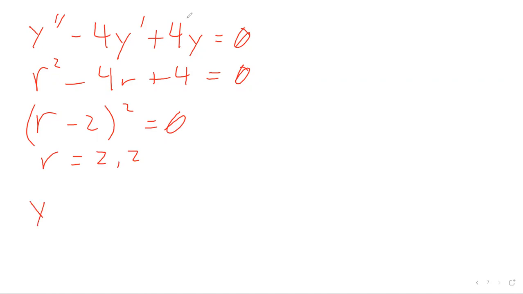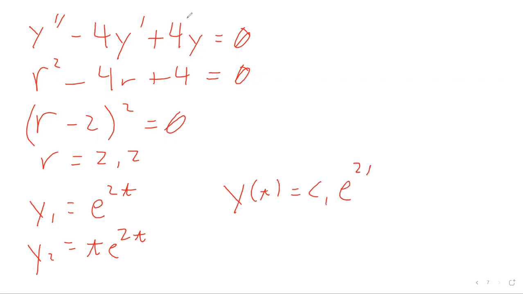So our y1 is e to the 2t. Our y2 is now t e to the 2t. So our overall function is C1 e to the 2t plus C2 t e to the 2t.